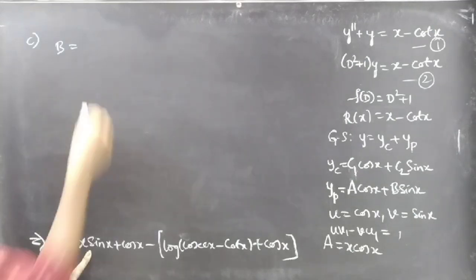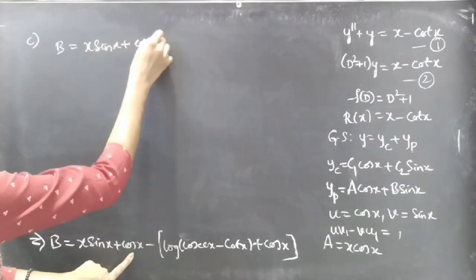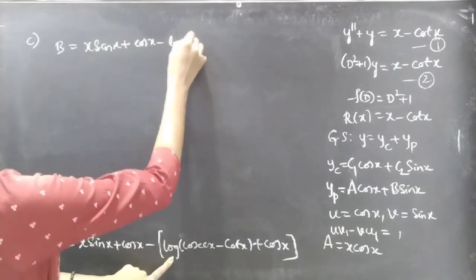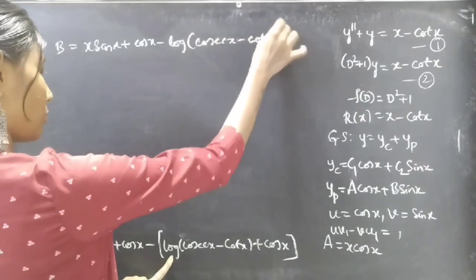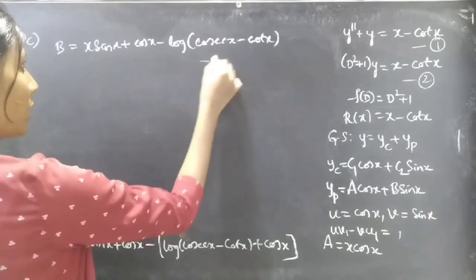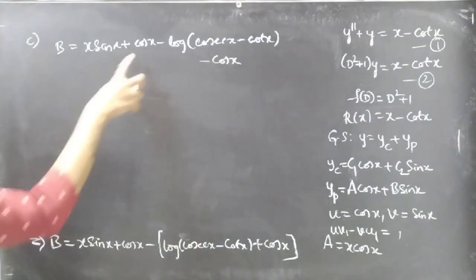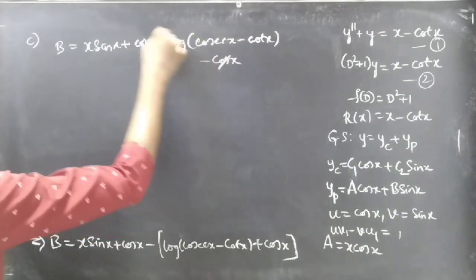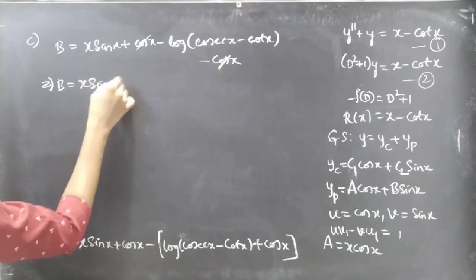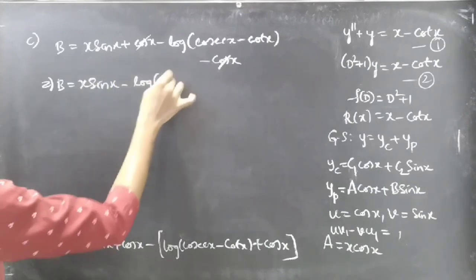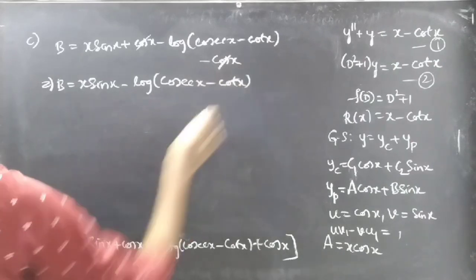This gives us x sin x plus cos x minus log of cosecant x minus cot x, minus into plus, minus cos x, right? Here cos x minus cos x gets cancelled and you'll get b equal to x sin x minus log of cosecant x minus cot x.